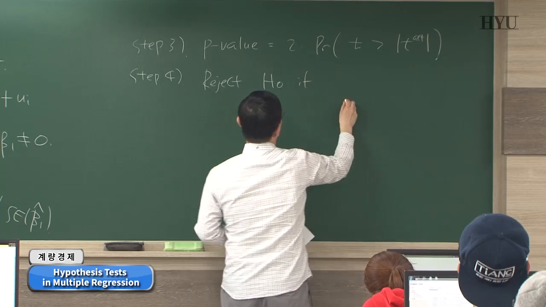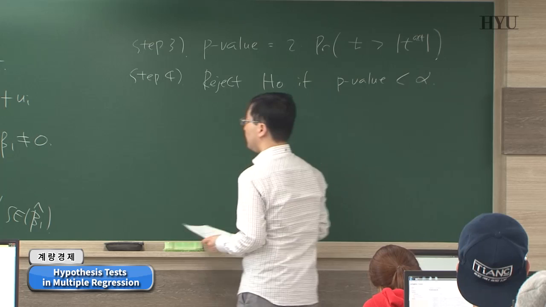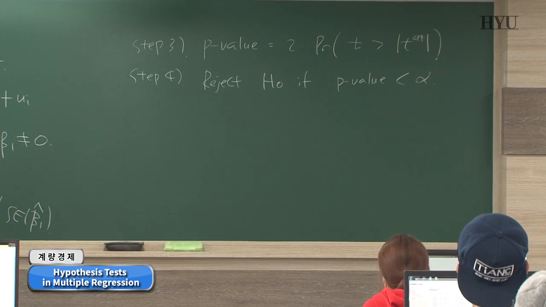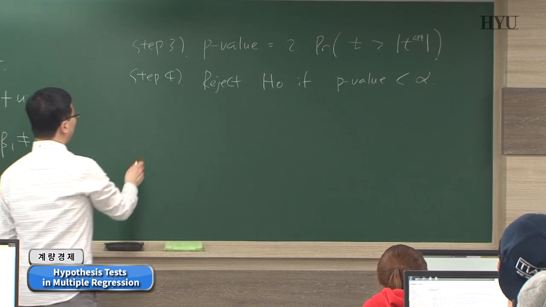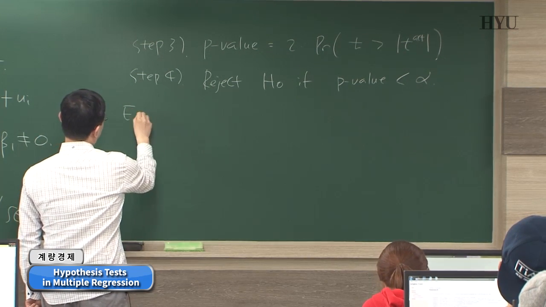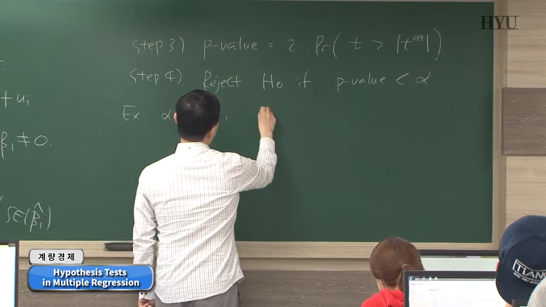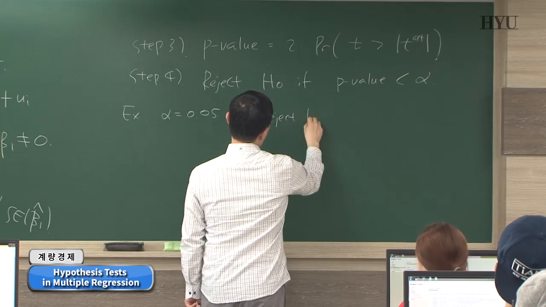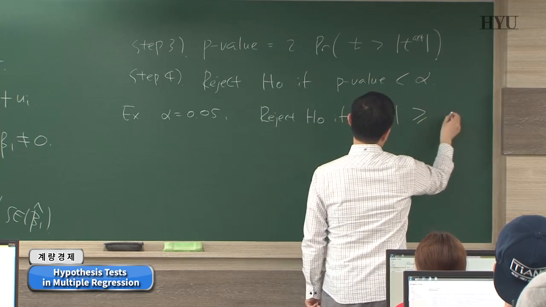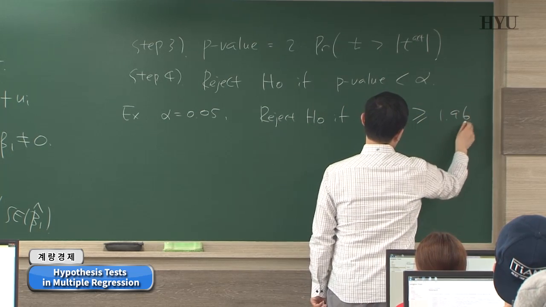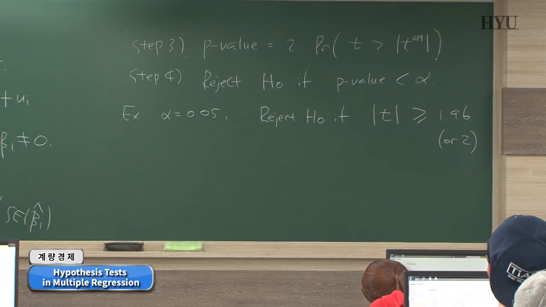Reject the null if the p-value is less than alpha, right? And if you want to use the t-value, for example, suppose that alpha is 0.05, then we reject the null if the t-value is bigger than 2 or less than minus 2.